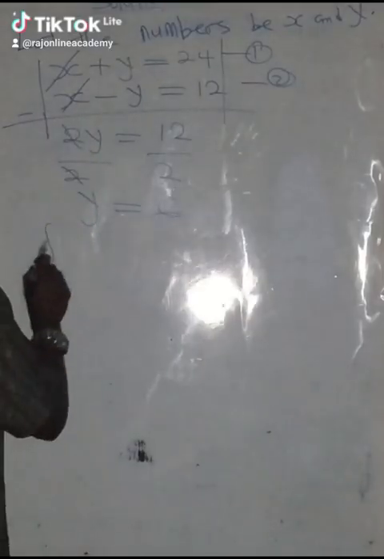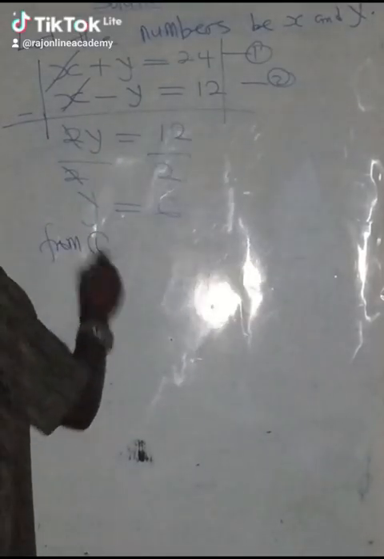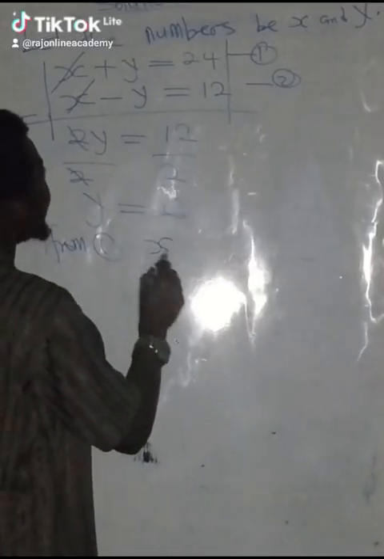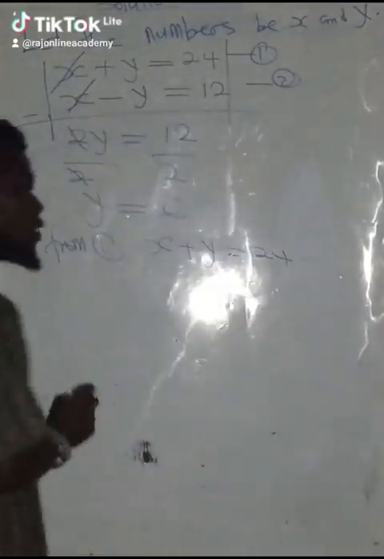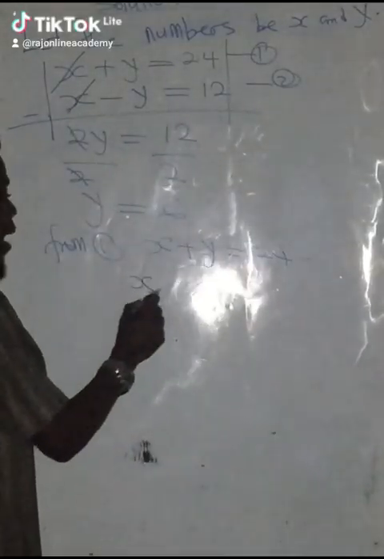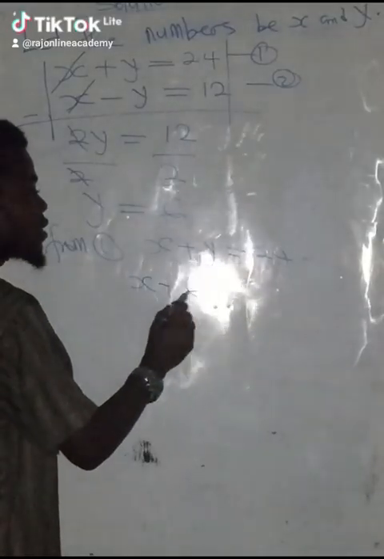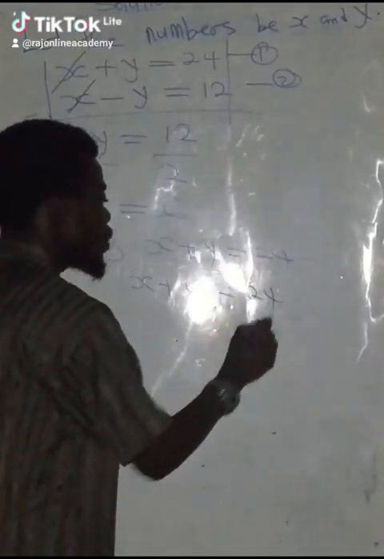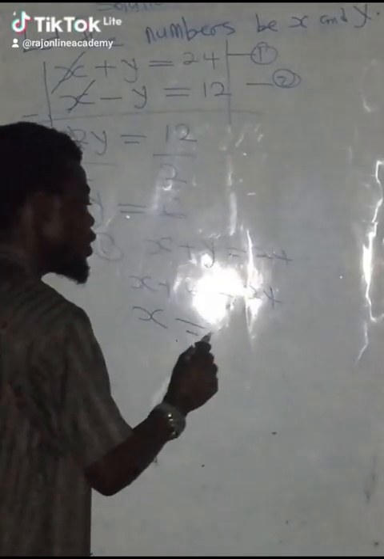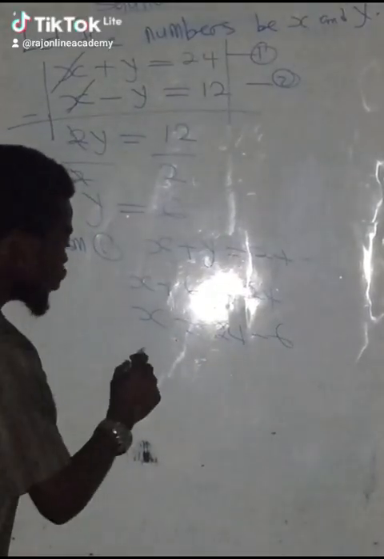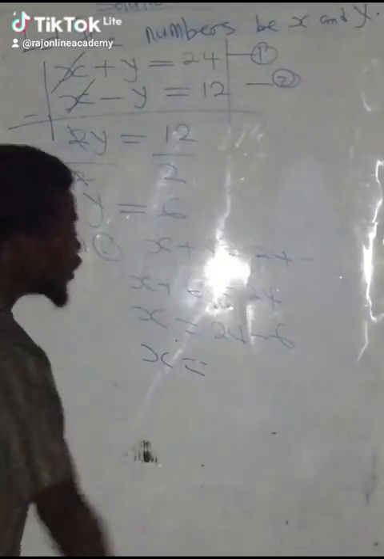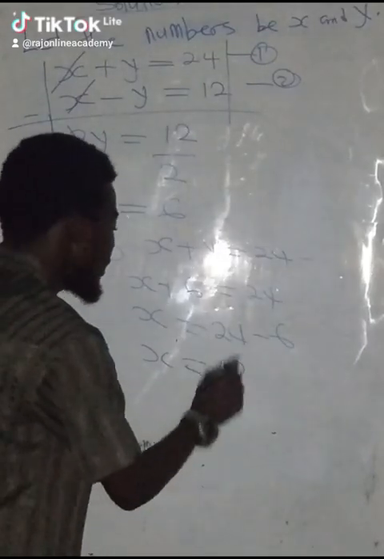From equation 1, we have X plus Y equal to 24. We know the value of Y, which is 6. So X is equal to 24 minus 6, so X is 18.